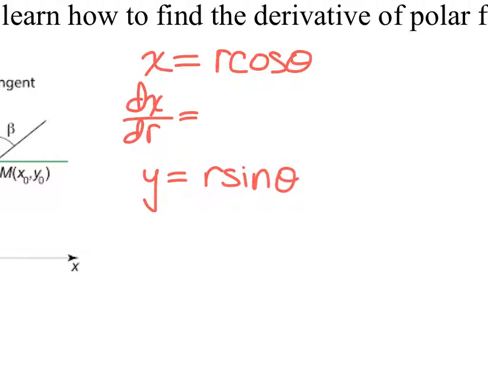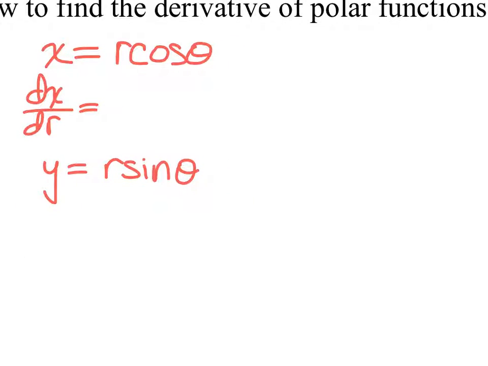But we have to take the derivative implicitly. All right, because the derivative is being taken with respect to r, every time I take the derivative of a non-r term, I'm going to slap on a d theta dr. All right, so we're looking at the product of two functions, r and the cosine of theta.